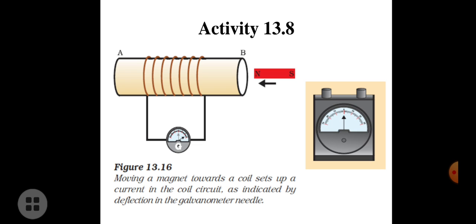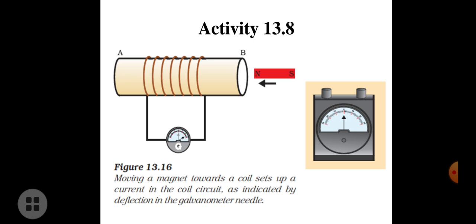In the ammeter we discussed that an ammeter tells us the amount of current flowing through the circuit, but an ammeter doesn't give us the direction of current. But a galvanometer tells us the direction of current as well as the amount of current passing through the circuit. So in this circuit we have connected this galvanometer.